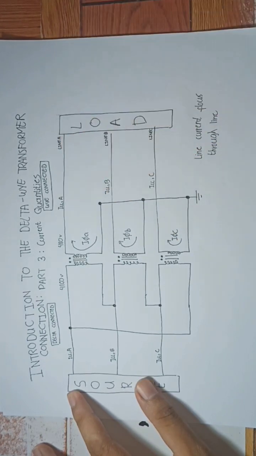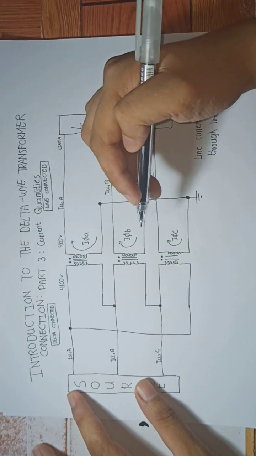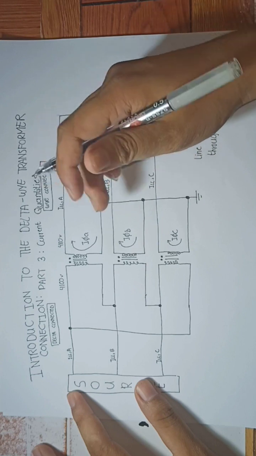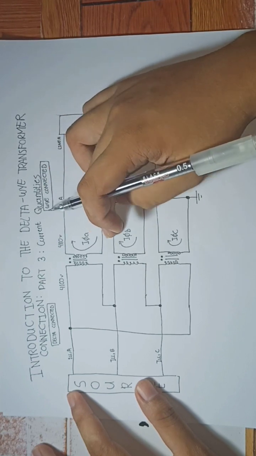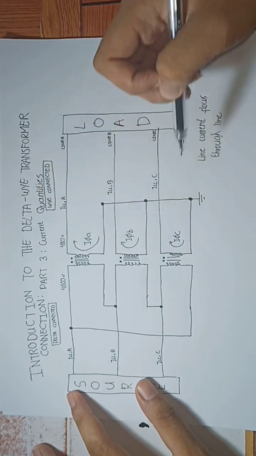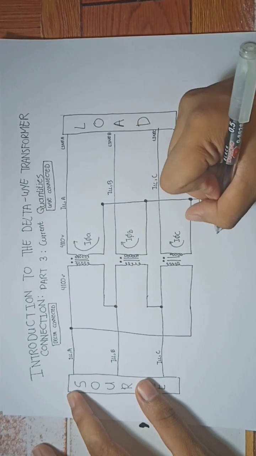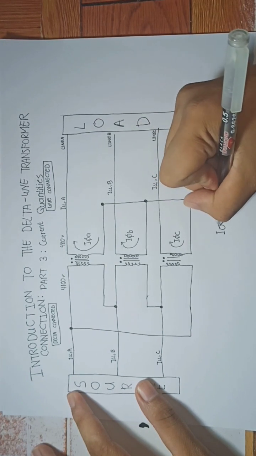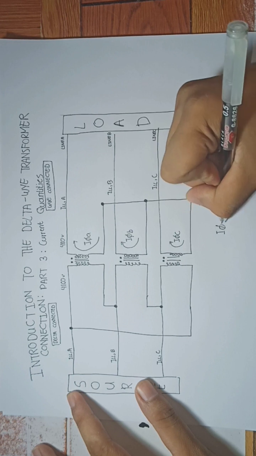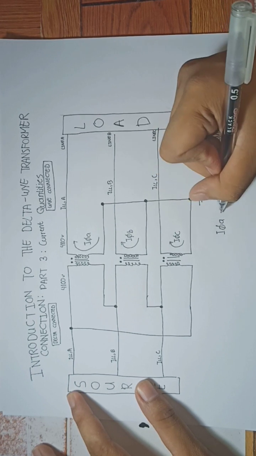For a Y connected transformer, we should expect phase A current and line current A to be the same. So phase A current is equal to line current A.